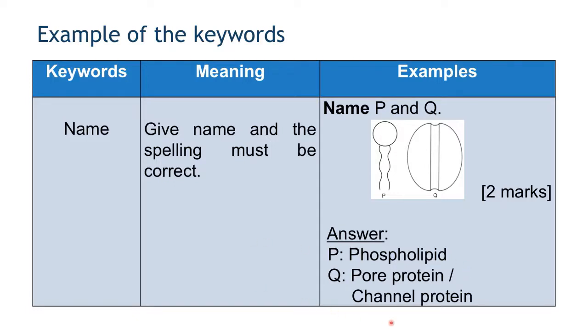If you really cannot spell the word channel protein correctly, try to spell the word to the nearest pronunciation with no other meaning. I give you one example. What does it mean with no other meaning? We look at this example.